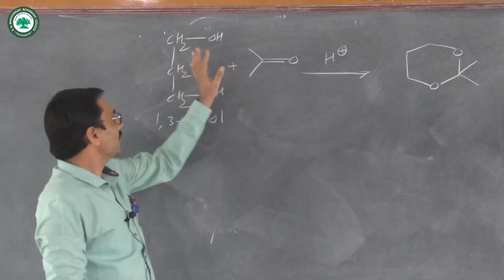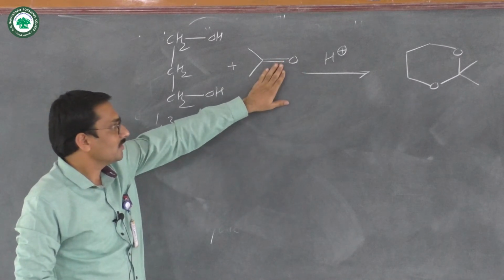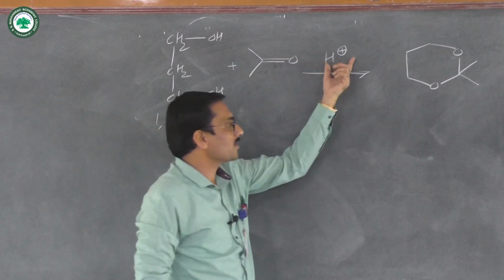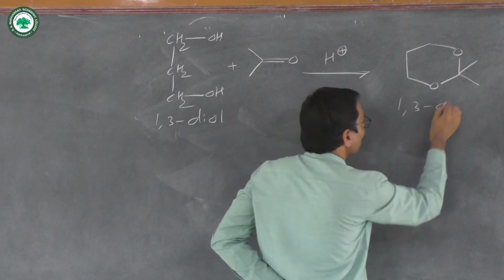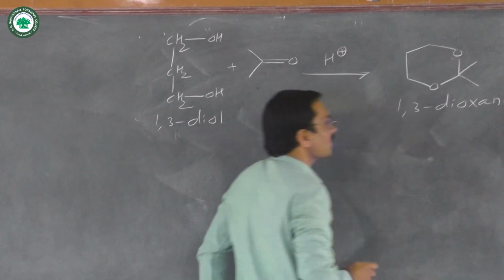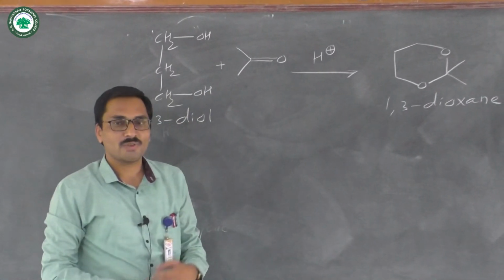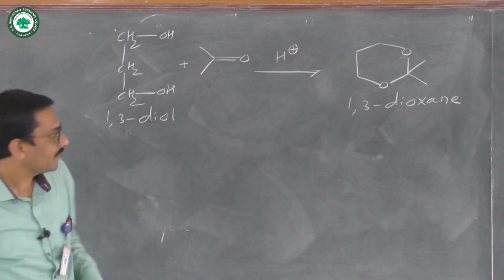Here that 1,3-diol is allowed to react with acetone in the presence of H plus. There is formation of a 6-membered ring that we call a 1,3-dioxane compound. So we can use 1,2-diol, we can use 1,3-diol.